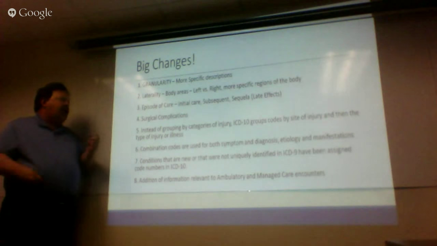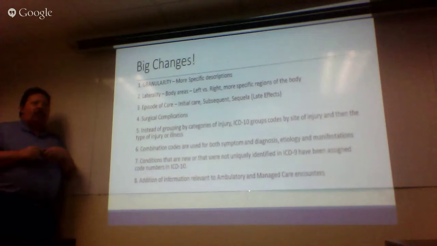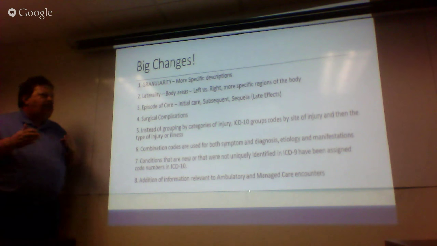Now, back in the day, we used to group by categories of injury. We said it was musculoskeletal. This whole chapter was all about musculoskeletal injuries. Now we take that chapter and we say it's extremity. No, it's not extremity.